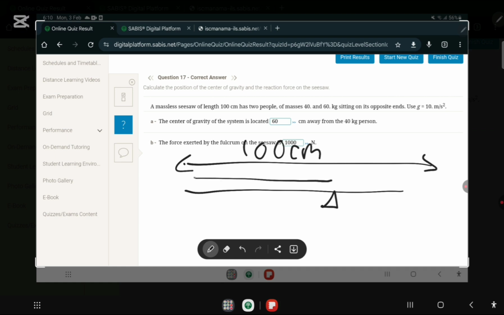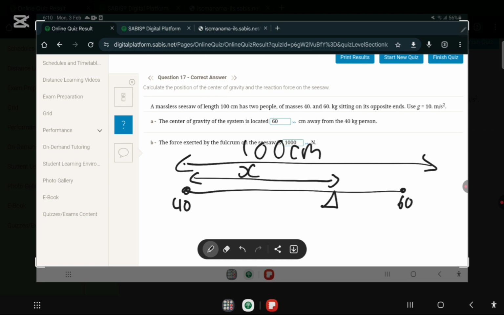From here to here is going to be x. Here is the 40 kilograms. Here is 60. Okay, and the center of gravity of the system is located how many centimeters away from the 40 kg person?